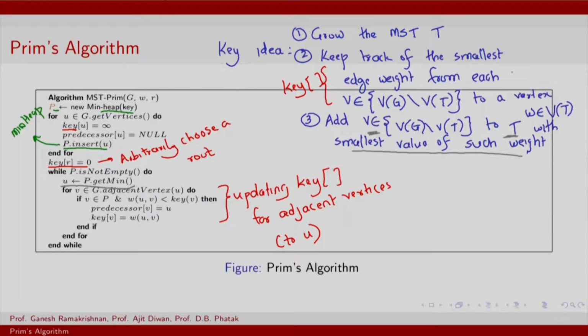We also do a small bookkeeping here through the predecessor array. The predecessor array is what gives you access to the edges that are included in the minimum spanning tree.